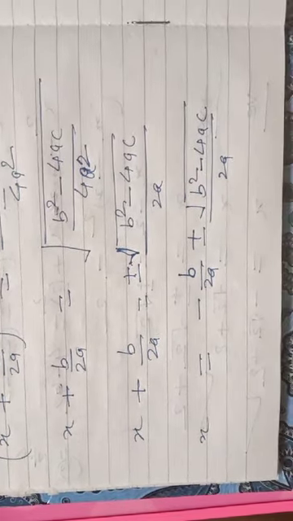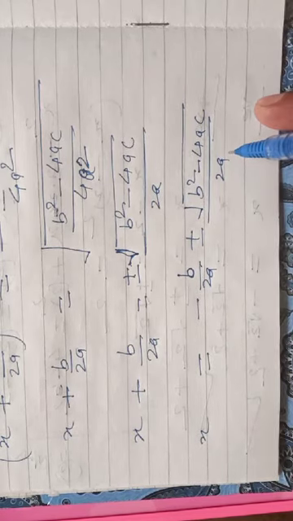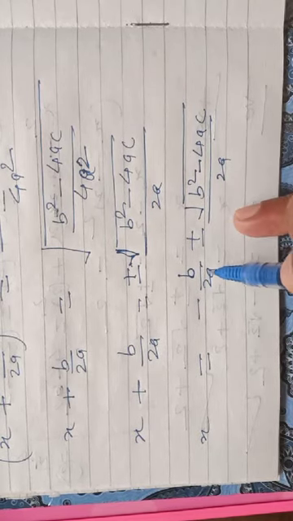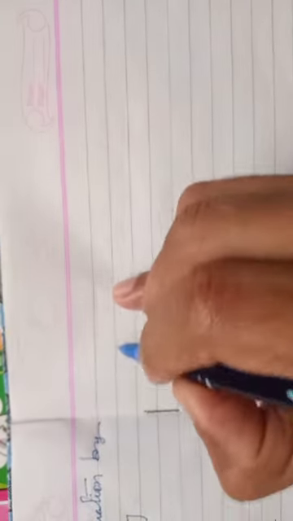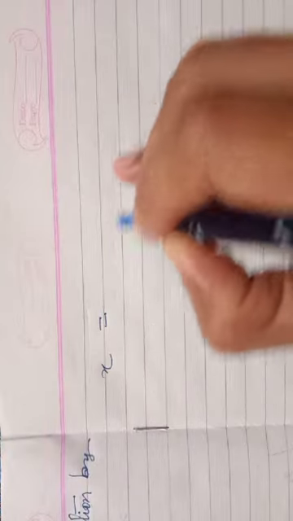Now 2a here, and here also 2a, so take the LCM of minus b upon 2a and that value; the LCM will be 2a. So x is equal to, over 2a, there will be the minus b.